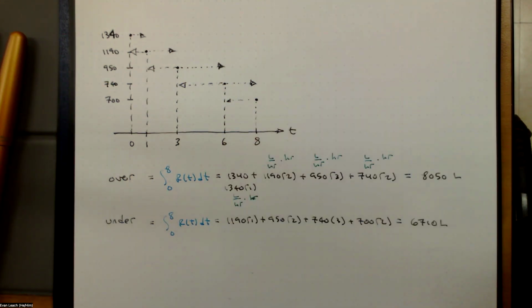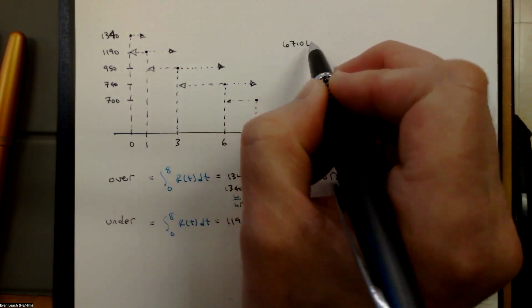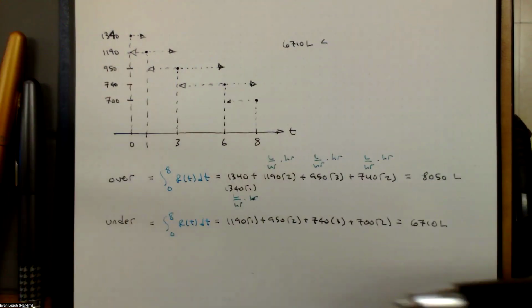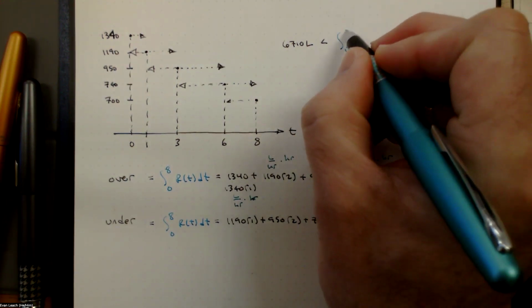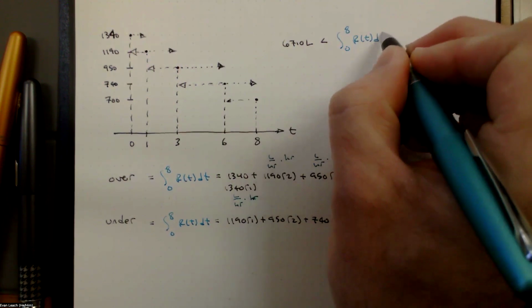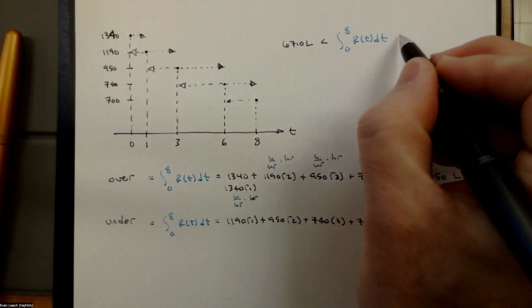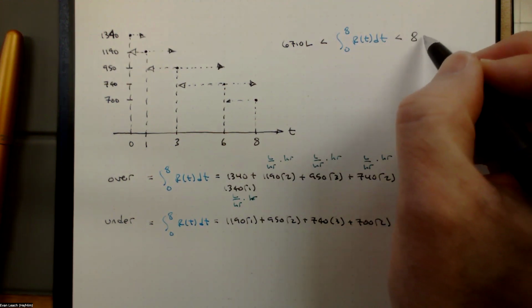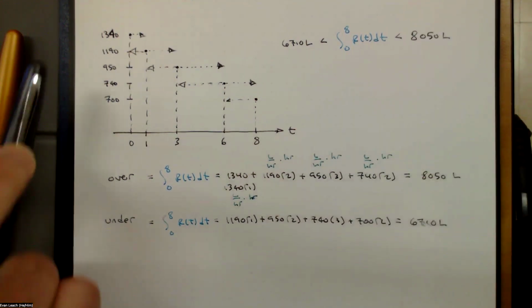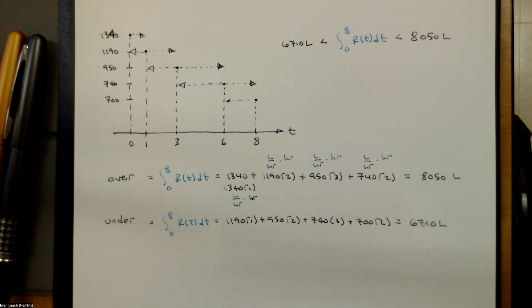So based on these data, we have a lower and upper bound of the actual definite integral. That would be the best that we could do with this data.